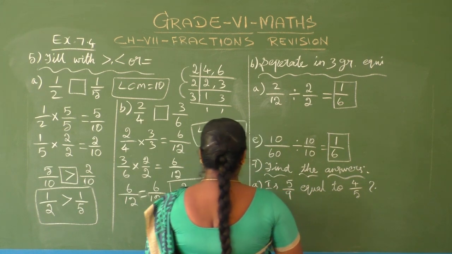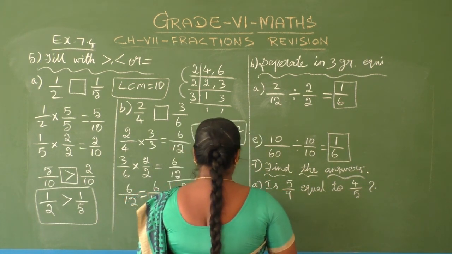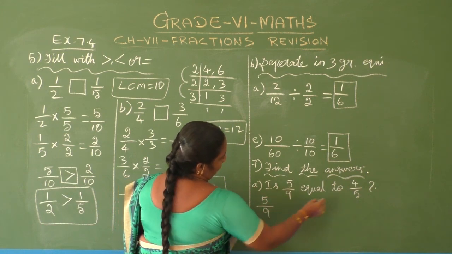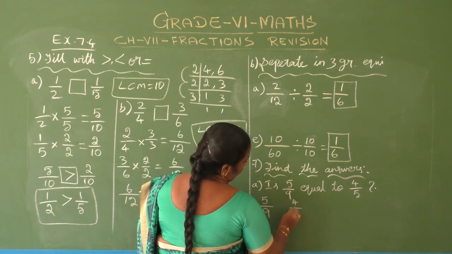So how can we find out whether 5 by 9 is equal to 4 by 5? Listen. 5 by 9, 4 by 5.